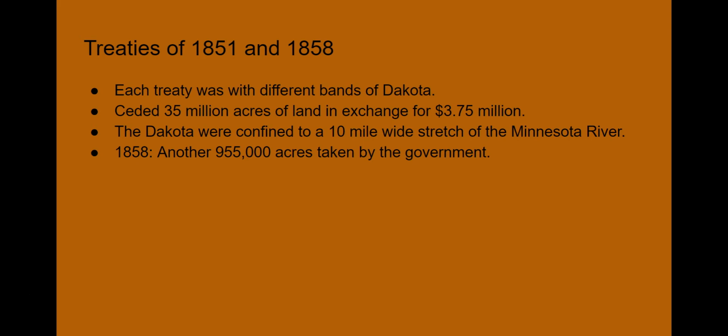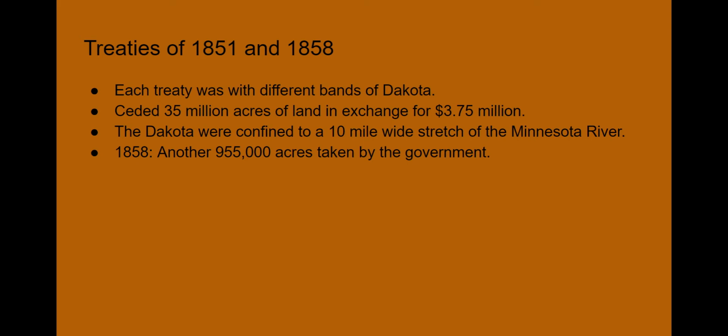So each of these treaties was with different bands of Dakota. The first one ceded 35 million acres of land in exchange for $3.75 million, which back then was a lot of money. So this is where the annuity payments start to pop up. And then the Dakota were confined to a 10-mile wide stretch of the Minnesota River.